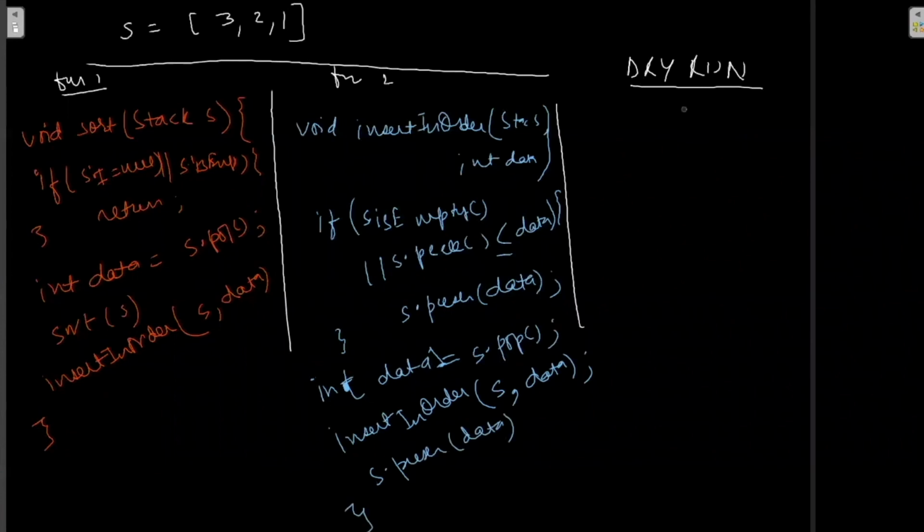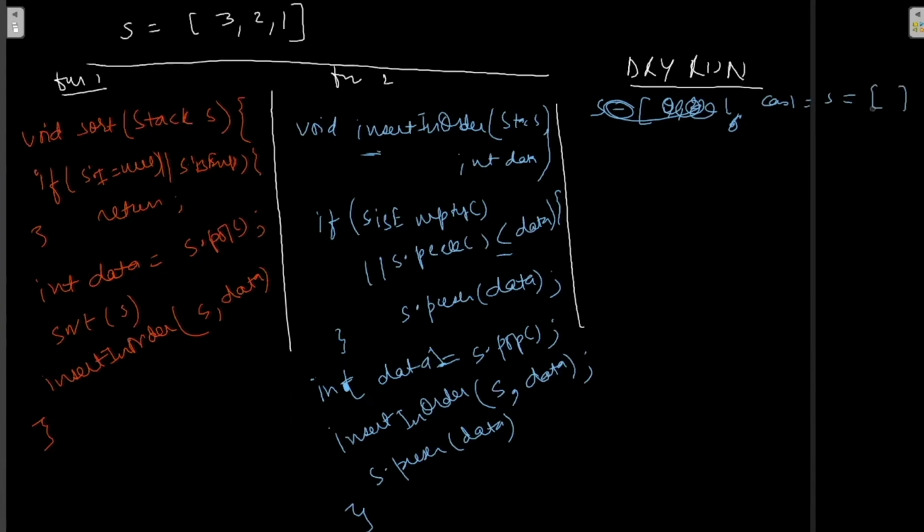Okay, so let's first try to understand this method with a dry run. Suppose my stack right now is this. It's not different from this question. So suppose my stack right now is say 4 and suppose 1. Suppose my stack right now, initial case 1, then my stack is equal to empty.